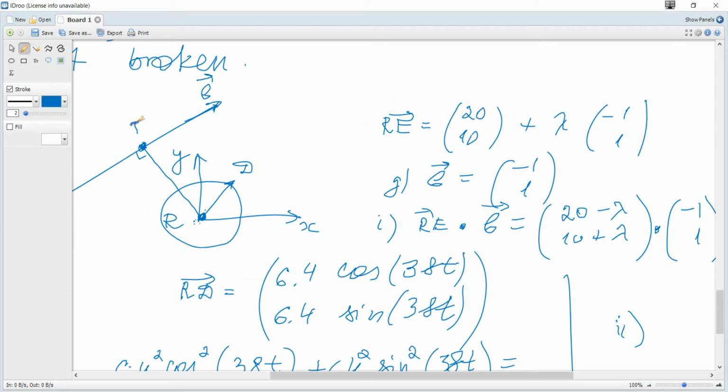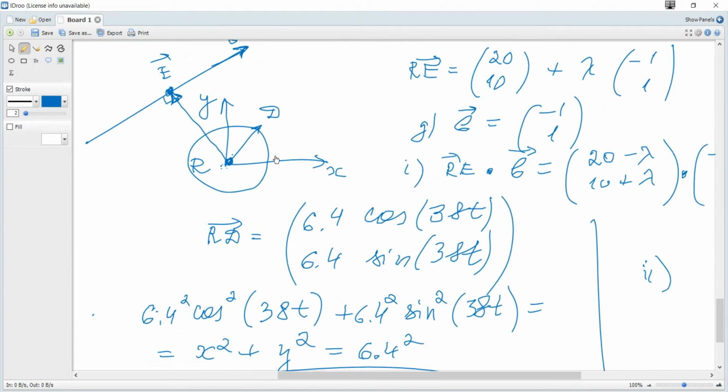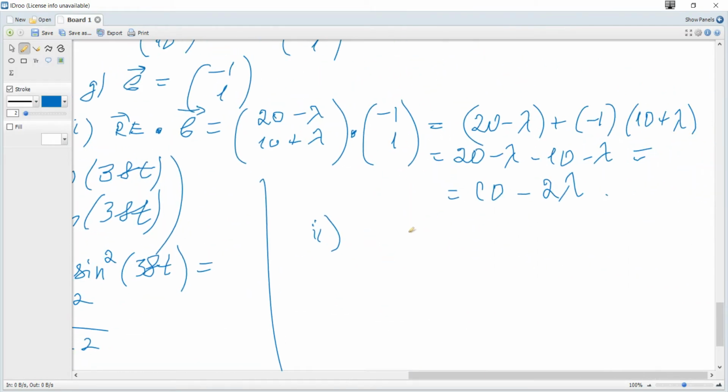RE is the position vector of E at any moment of time, and B is the direction vector of E. For RE and B to be perpendicular, the dot product is 0, so E will be at the closest distance to the origin R when the dot product is 0. We should equate the dot product to 0, and we can see it happens when parameter lambda is 5.